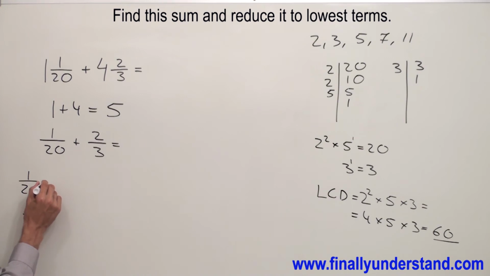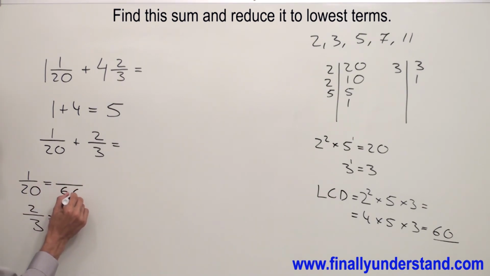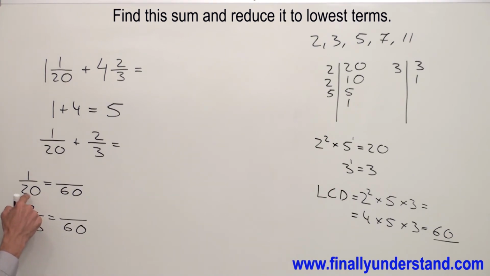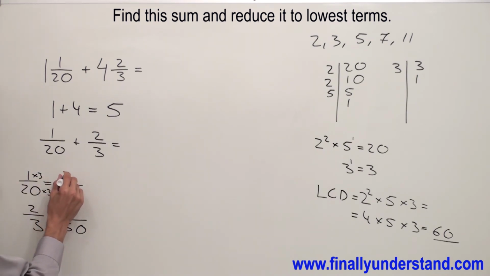We said the common denominator is 60. My question is, by what number do I have to multiply 20 to get 60? I have to multiply by 3. 1 times 3 is 3. By what number do I have to multiply 3 to get 60?